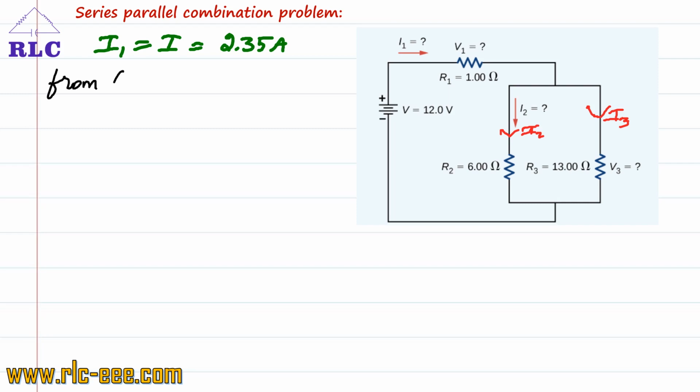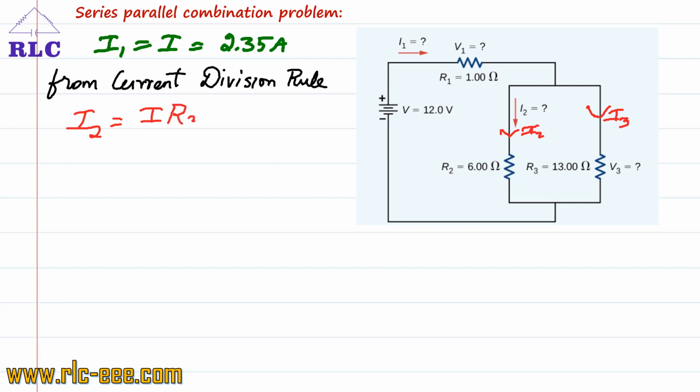So from the current division rule, what is the value of I2? What is the formula? I2 is equal to the main current, which is I1, that is I, times the opposite branch resistance. R3 is opposite to I2, correct?